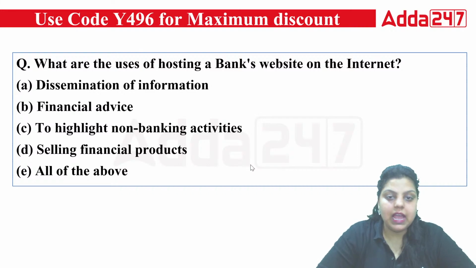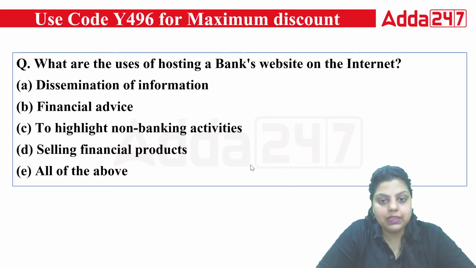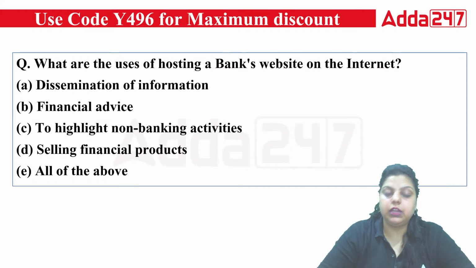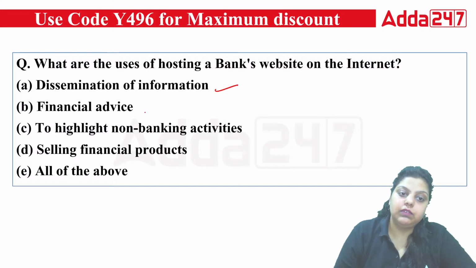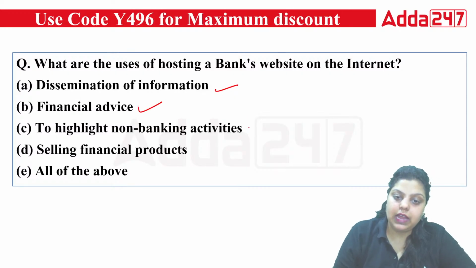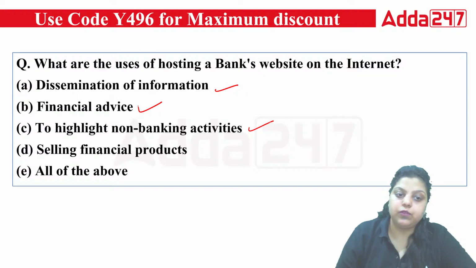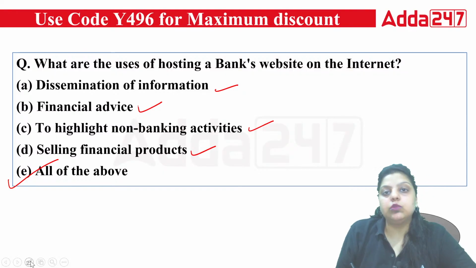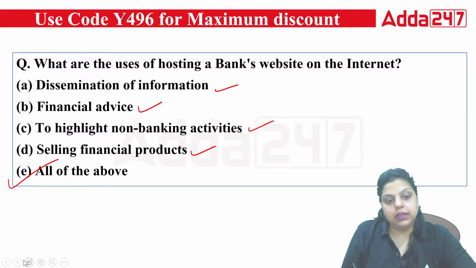When we have the website of a bank on the internet, it will disseminate information, like information related to their products or services. They will give financial advice, they will highlight the non-banking activities they perform, and they also sell financial products. It means all of the above. For all these purposes, a bank's website can be hosted on the internet.